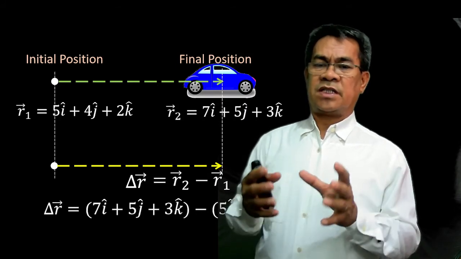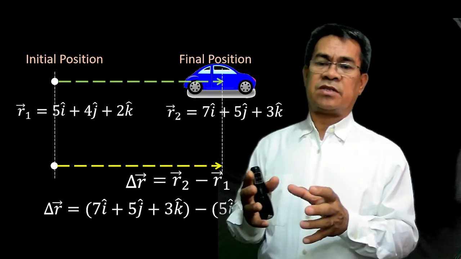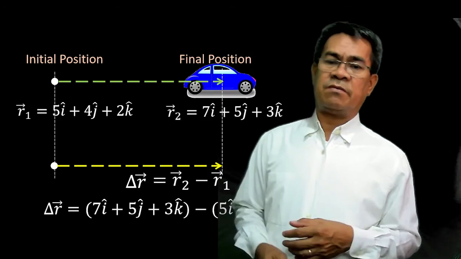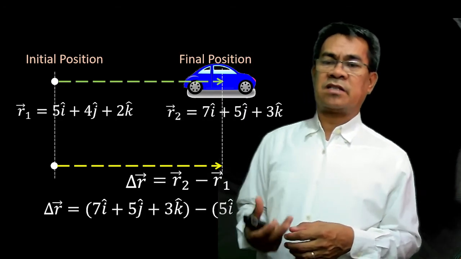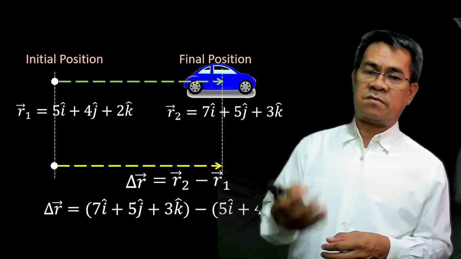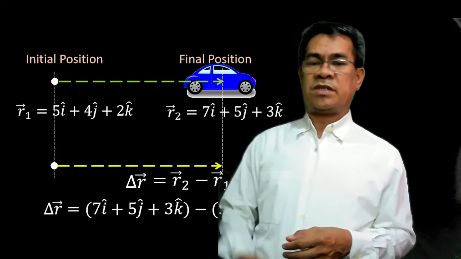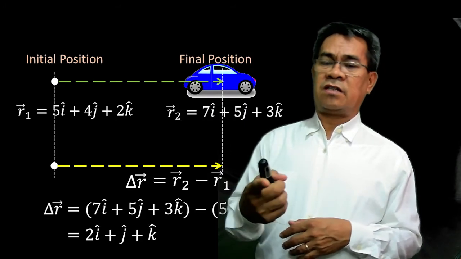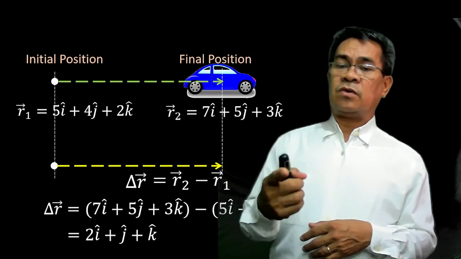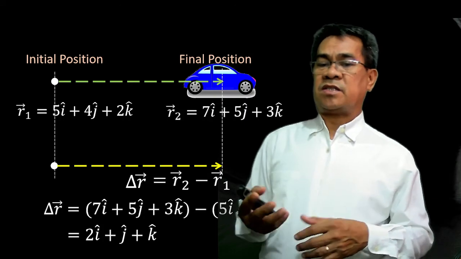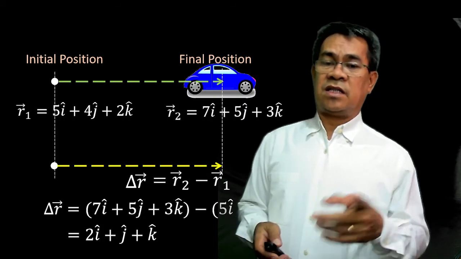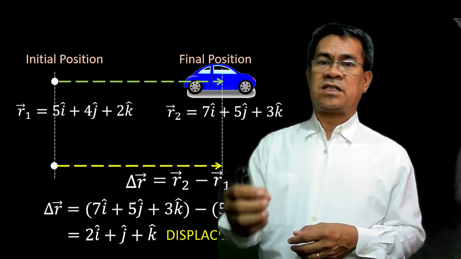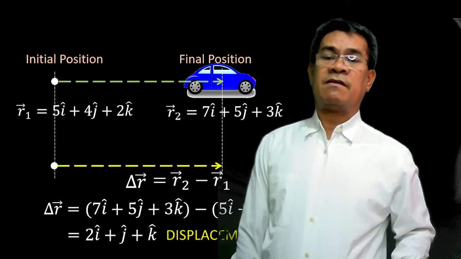Subtracting the final position by the initial position, we have to apply vector algebra. Combine the like terms. Take note that the like terms are the terms that have the same unit vector, which means that you have to remove the grouping symbols, then combine the like terms, and this will yield a value of 2i hat plus j hat plus k hat. This is the displacement of the particle traveling from initial towards the final.